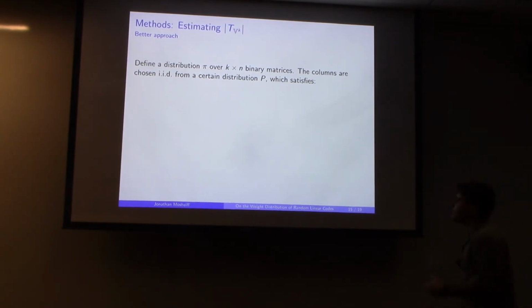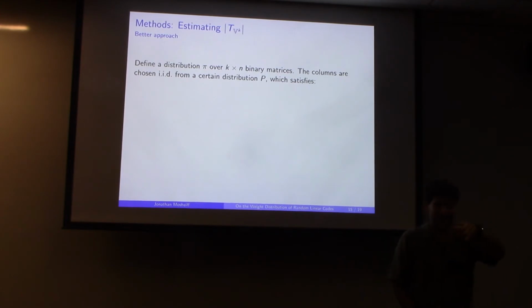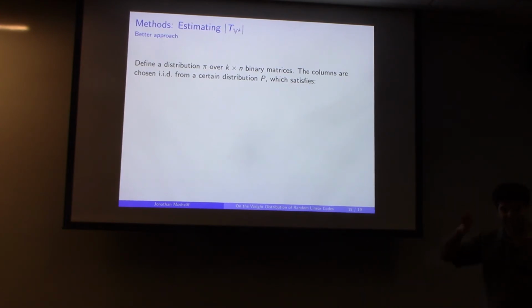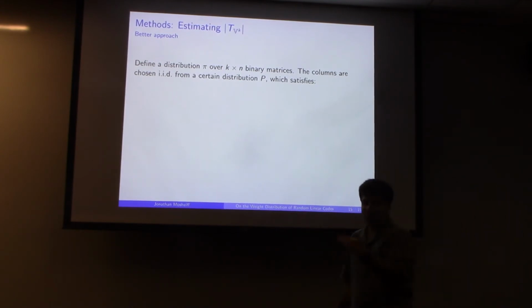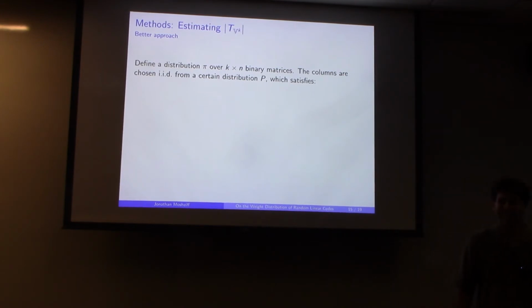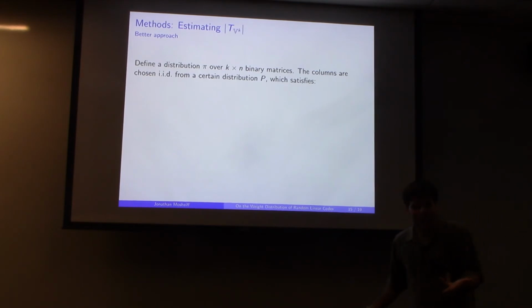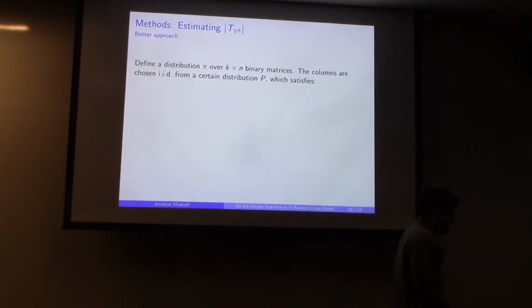So the way we tried to do this for a while was to just try to somehow put the columns randomly. But of course, if you just throw random columns which are even, then the probability that you're going to get gamma n weight in each row is very, very small, and thus also hard to compute to the precision that we need.